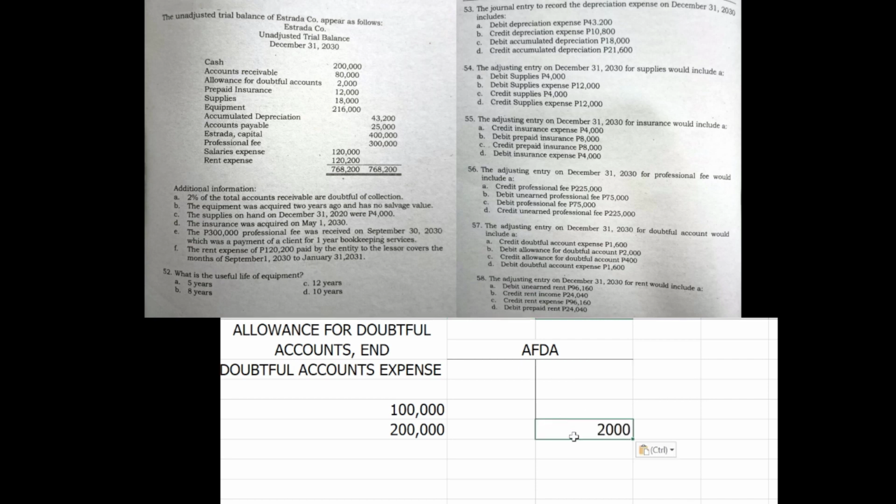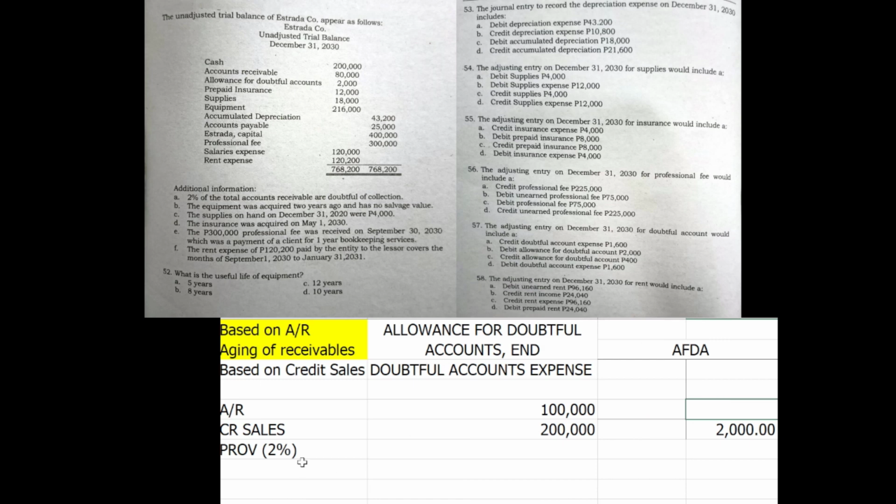Dapat dito siya sa end. Ito yung presentation. Again kapag naka-base yung ating provision sa accounts receivable na 100,000, yung sagot, dito na siya pupunta. Allowance for doubtful accounts ending. Siya na yung final amount.